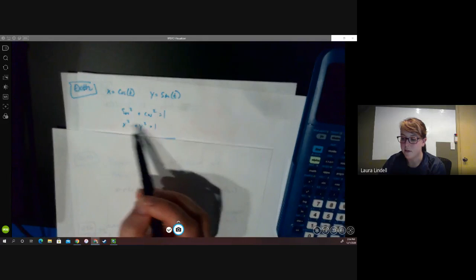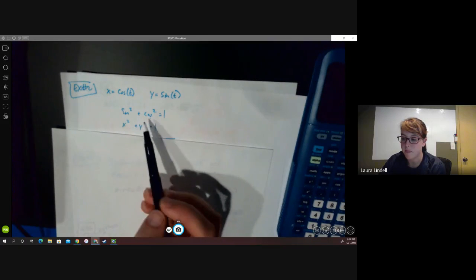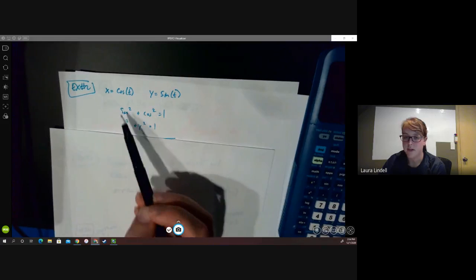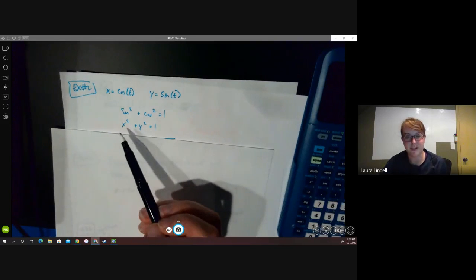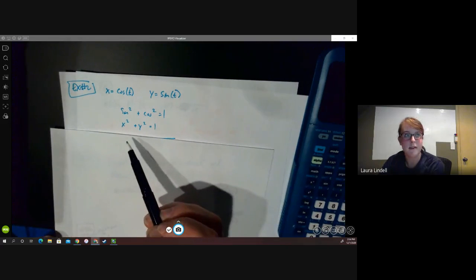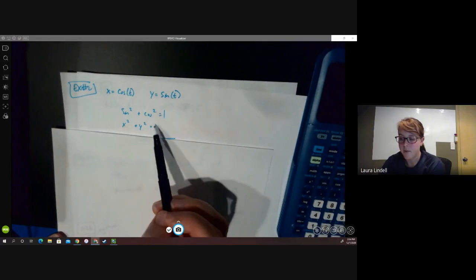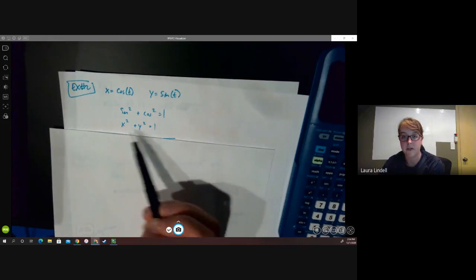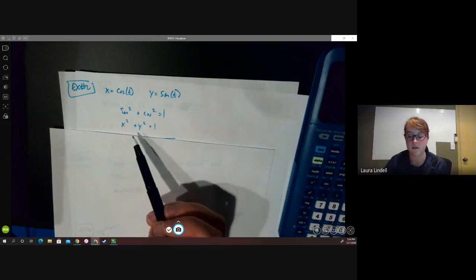Actually, I did this a little bit backwards, but that's okay. If I was directly substituting and showing my work a little bit nicer, I would have x squared here and y squared here. But anyway, this is the standard format for the equation of a circle, right? Centered at 0, 0 with a radius of 1.